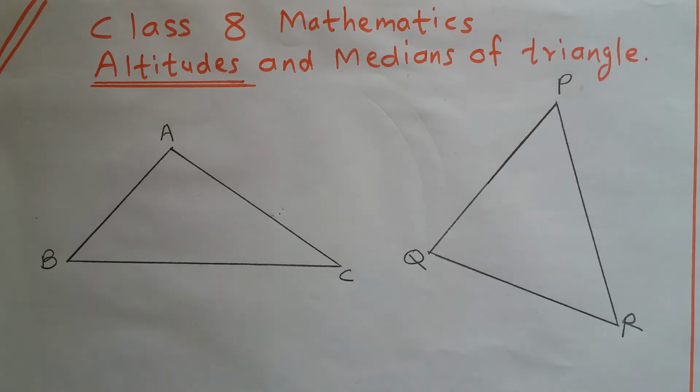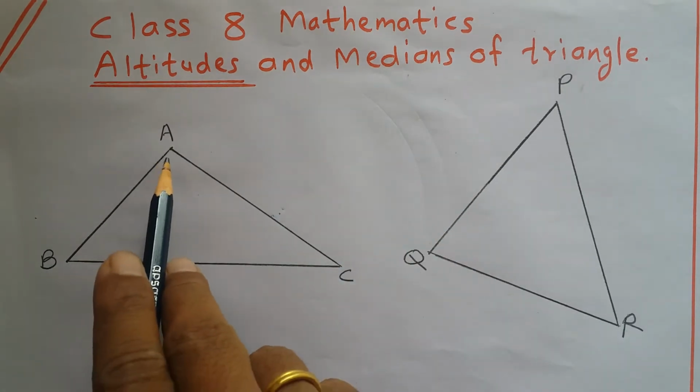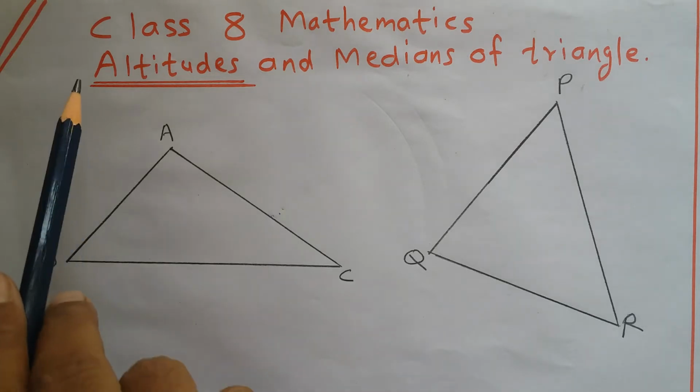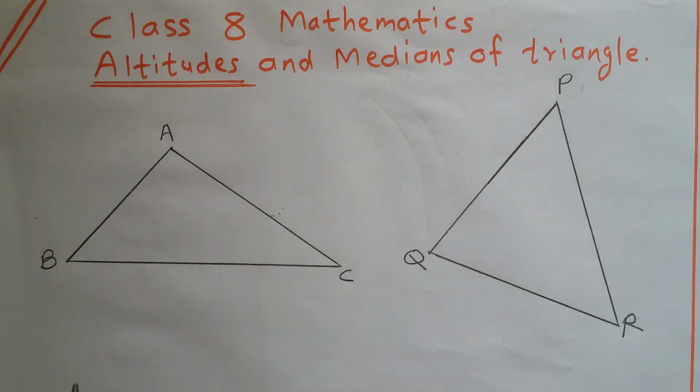So, in this figure, point A, point B and point C are the three vertices of the triangle. Do you understand? Now we want to draw altitude of this triangle.